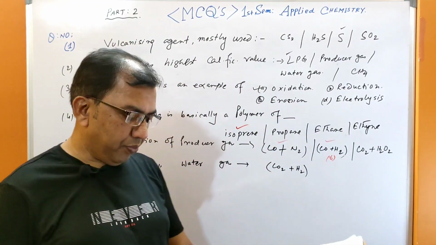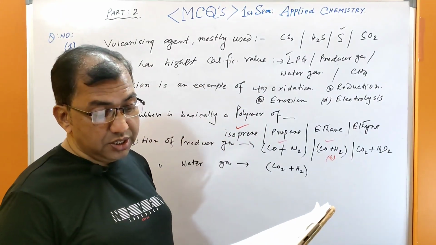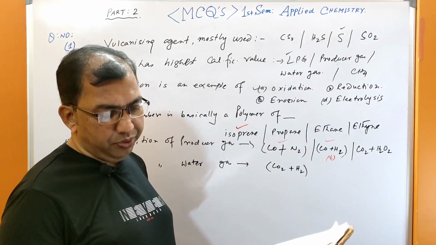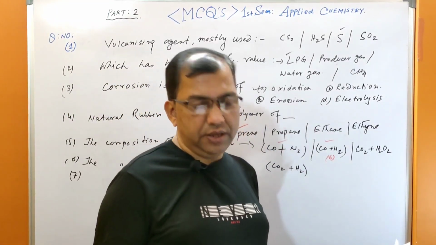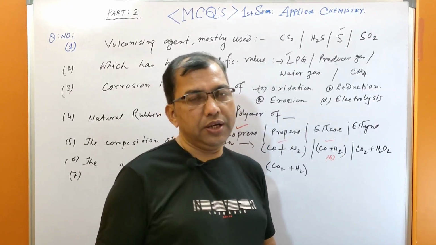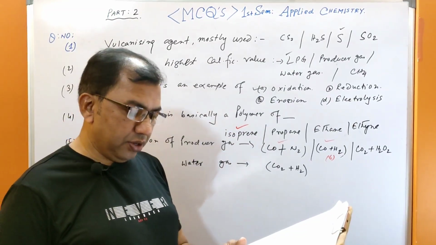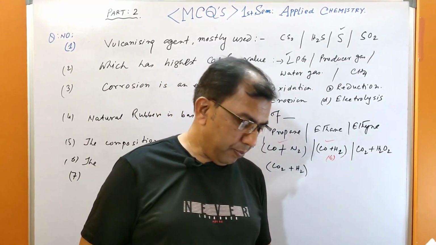The options are: retarder, accelerator of setting, water absorber, none. The answer is option B, retarder. Water absorber will not be the answer.